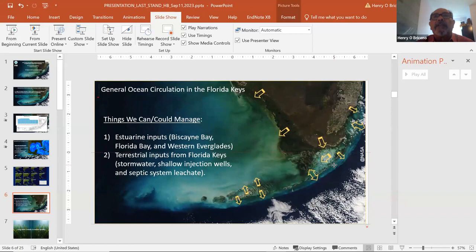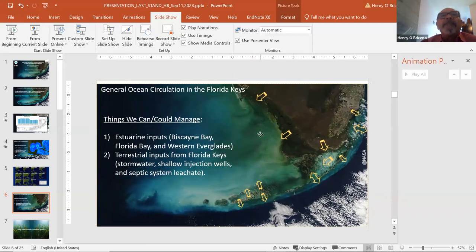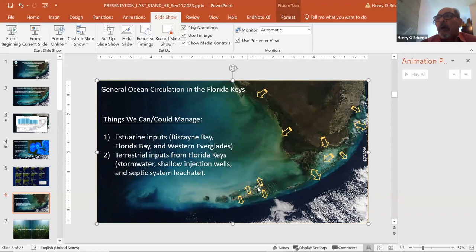So it's not only in Biscayne Bay, but also affecting the Florida Keys. Whatever happens here is not like Vegas. Whatever happened here doesn't stay here; it goes everywhere, and affects us.